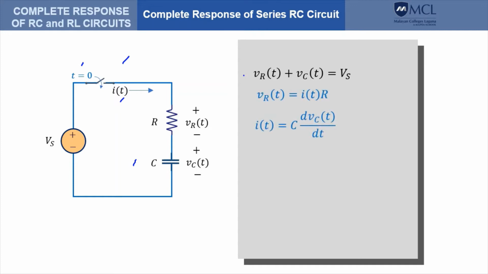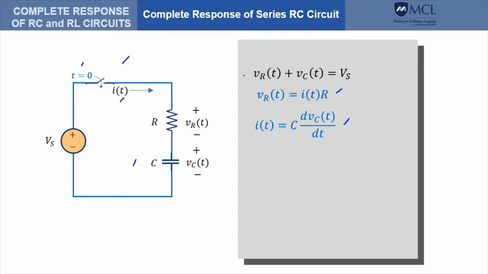By Ohm's law, we can express the voltage across the resistance as IR. And we already know the relationship of the current through a capacitor and its voltage as being this equation.